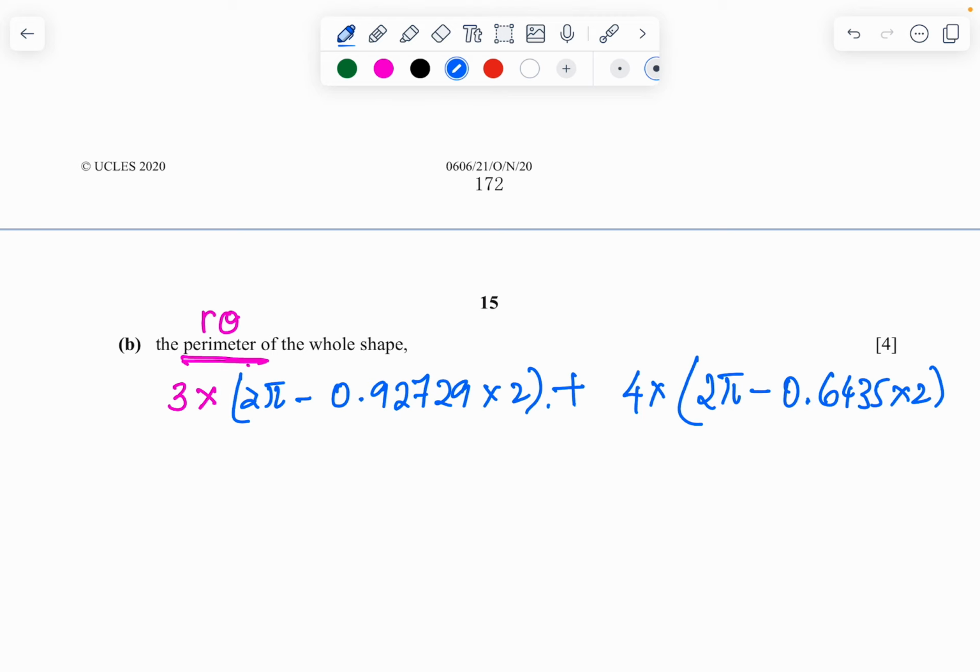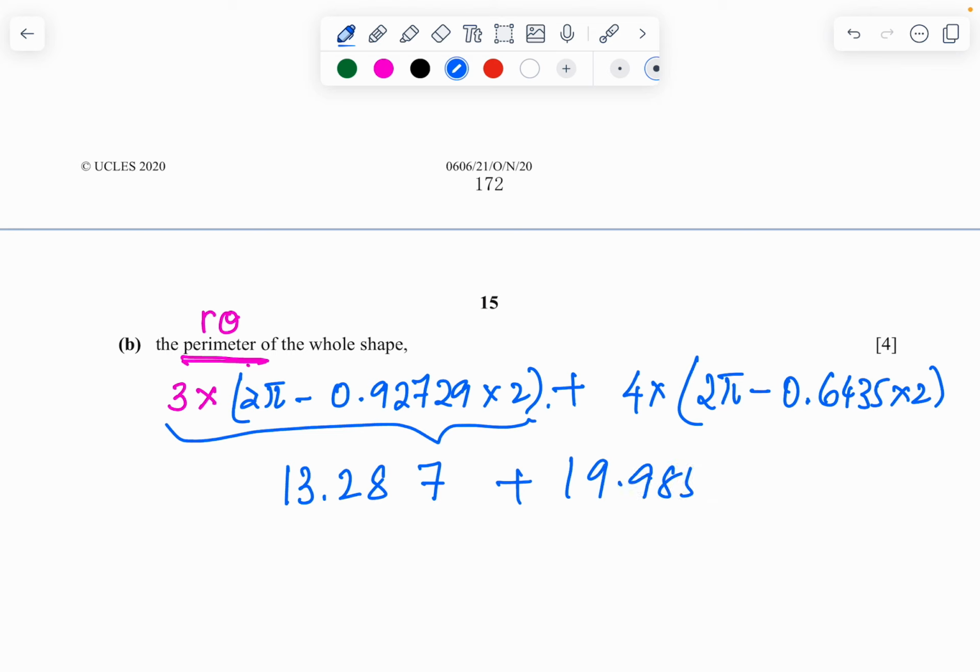So this gives me the smaller circle's arc length of 13.287, and the bigger circle is 19.985. So when you add this up, this is going to be 33.272.